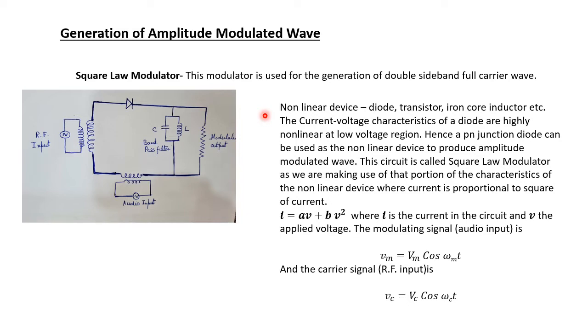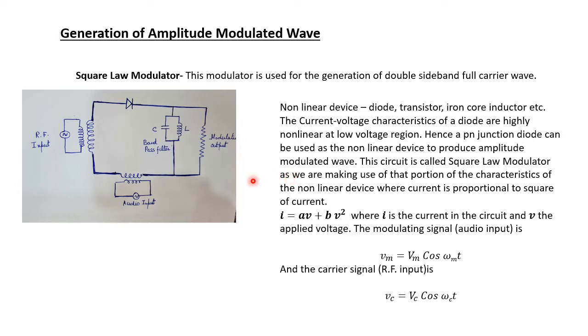The example of nonlinear devices are diode, transistor, iron core inductor, etc. If we study the current voltage characteristics of these devices, then we will find that the curve is highly nonlinear.